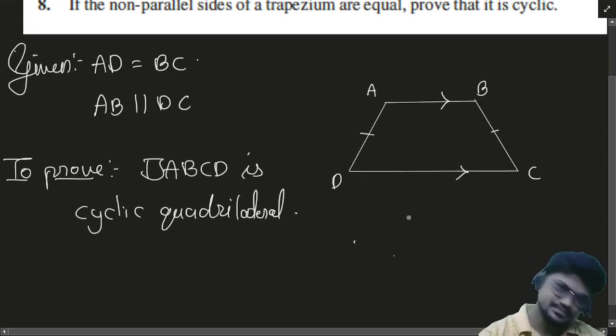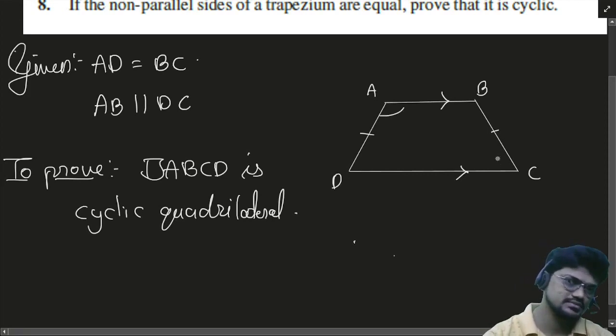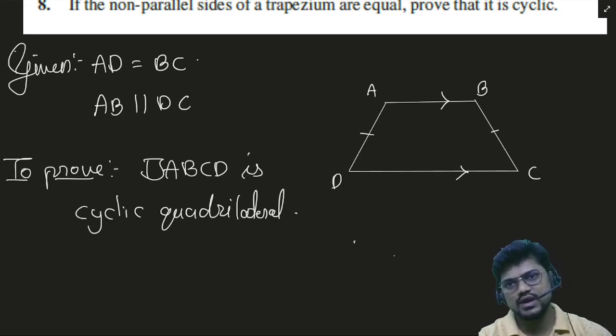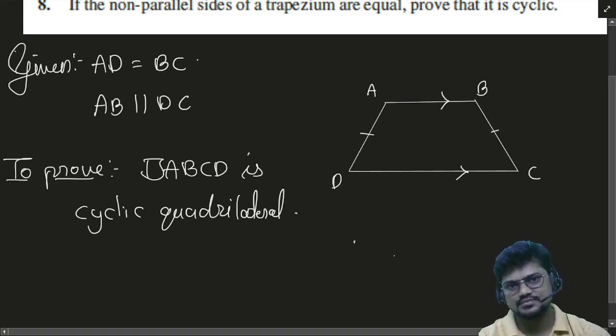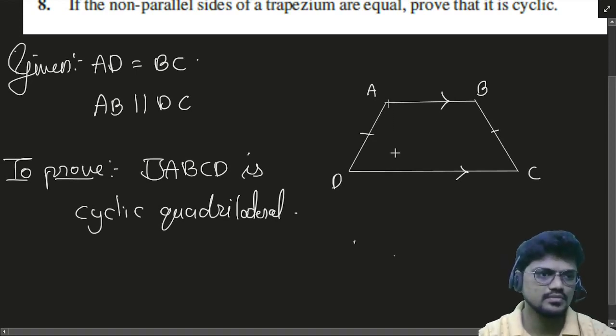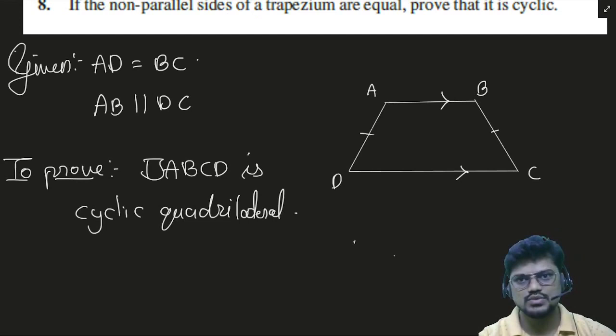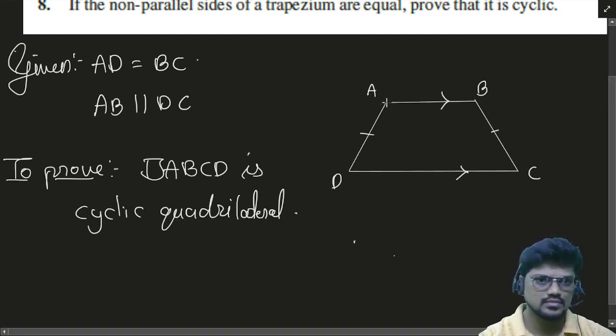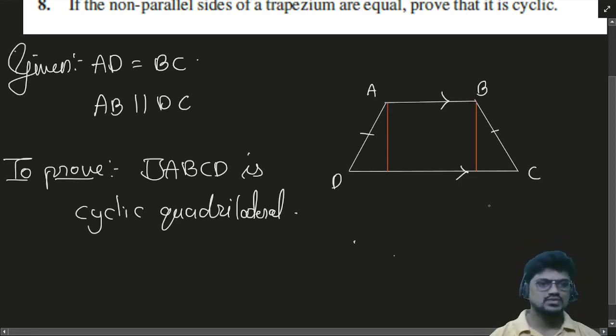Okay. Fine. Now we need to prove that angle BAD plus this angle is 180 degrees. How can we prove it? Suppose I draw lines over here like this.